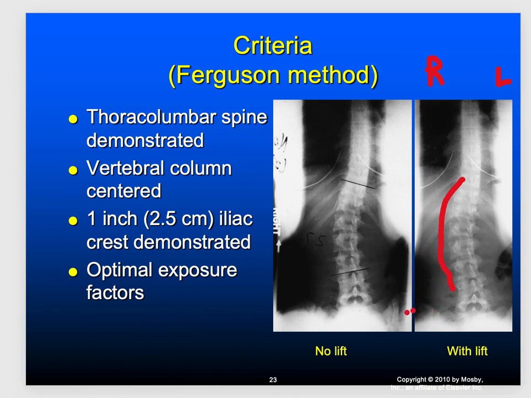Okay, this crest here sits lower than this crest. So by putting the block under here, you're raising that crest up. You're trying to force this convex to become more straight. So you're looking at your image. Where's the convex side? What side do I need to place the block under to raise that side?